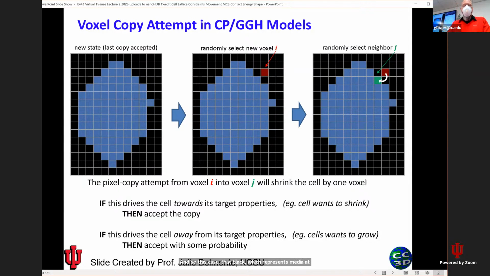So the cell is shrinking a little bit. Again, I calculate how close my cell is to its targets. If making that change brings the cell closer to its targets, I accept the change. If it moves it away, I roll the dice and accept the change or not, depending on the outcome of my dice roll.